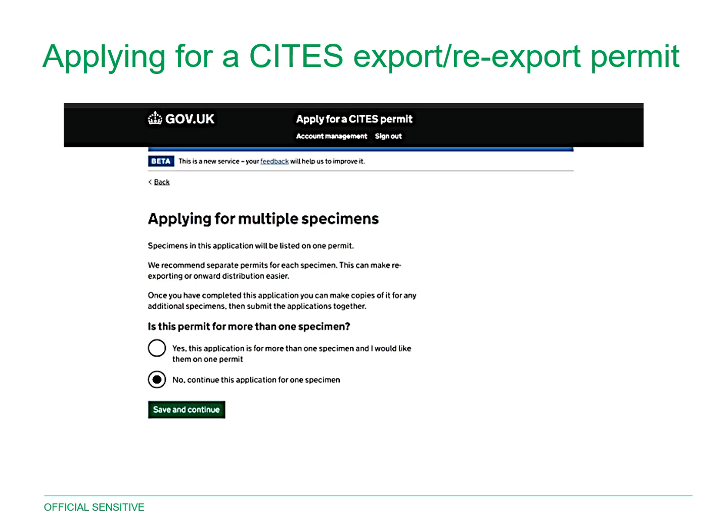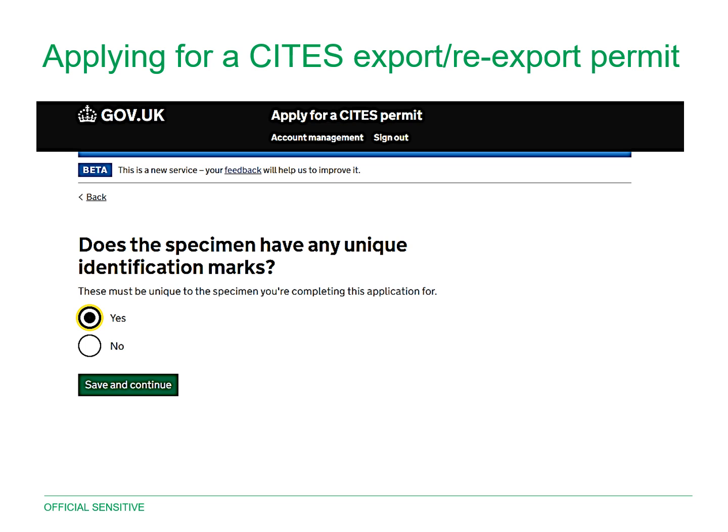For the purposes of this video, we are applying for an export permit for one single live falcon, so we have selected the No, Continue this application for one specimen button. Click Save and Continue. You will then be asked if the specimen has any unique identification marks.